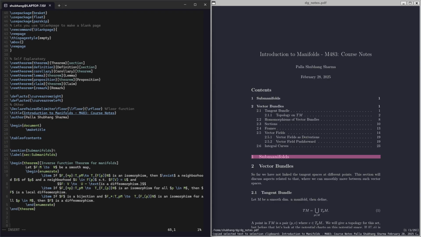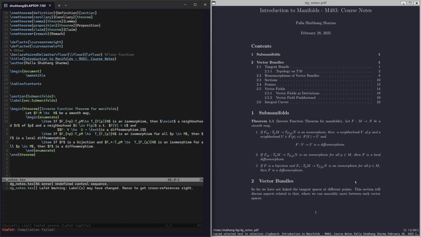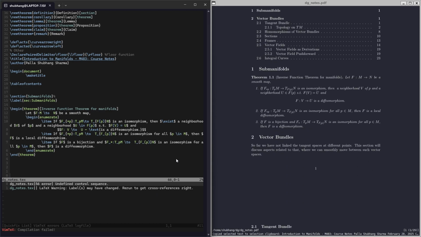This is a very important result that keeps coming up everywhere. This is basically the inverse function theorem, and I have an undefined control sequence. Where do I have it?